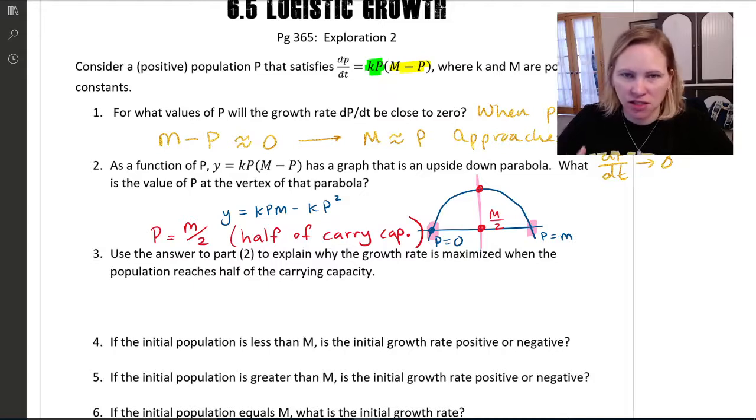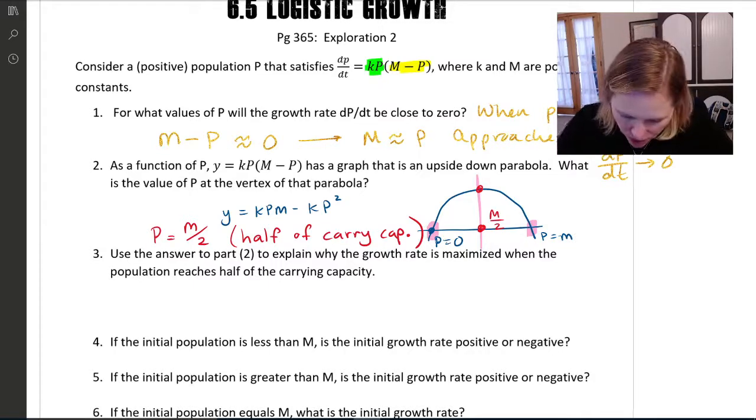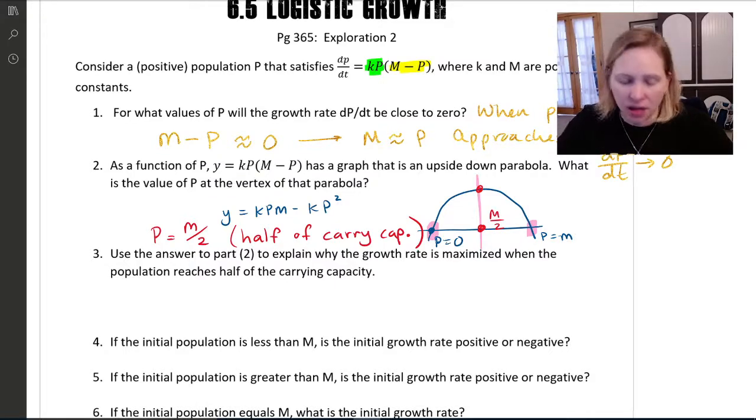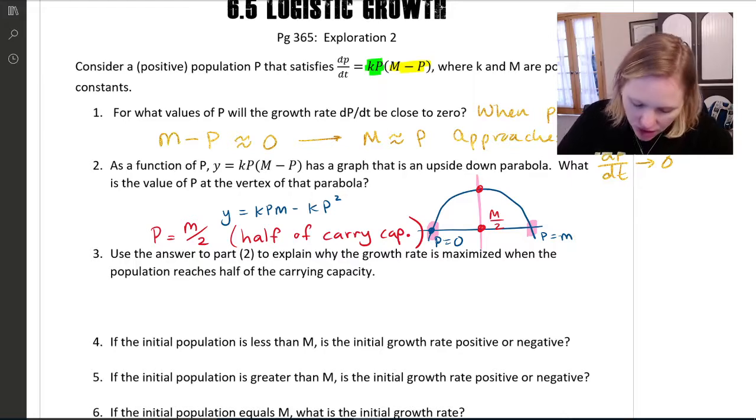So let's think about this. We're going up and we're going down, so we know we have a maximum. Because we change direction, we know we're going to have a maximum rate of change. And so using this answer here in part 2, explaining why the growth rate is maximized when the population reaches half of the carrying capacity.